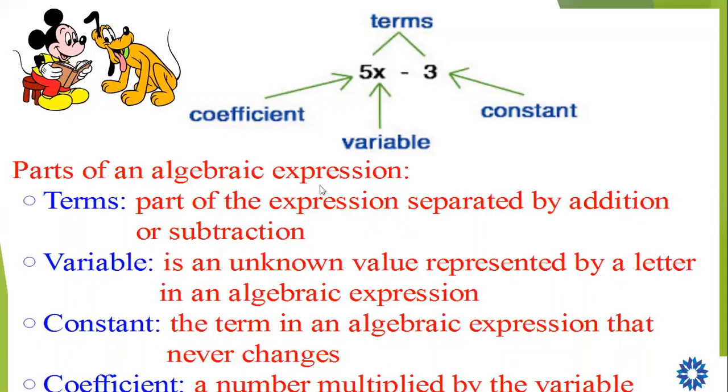The parts of an algebraic expression: term, a part of the expression separated by addition or subtraction. Variable, as we discussed, is an unknown value represented by a letter in an algebraic expression. Constant, a term in an algebraic expression that never changes. Coefficient, as we discussed, a number multiplied by the variables.